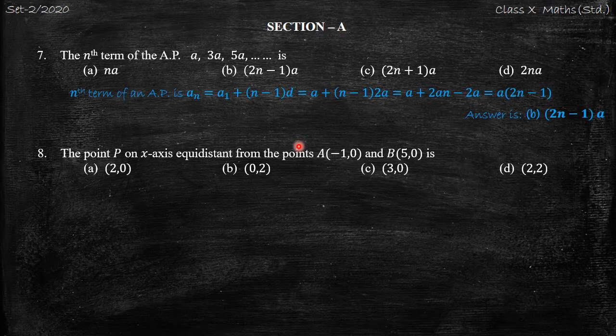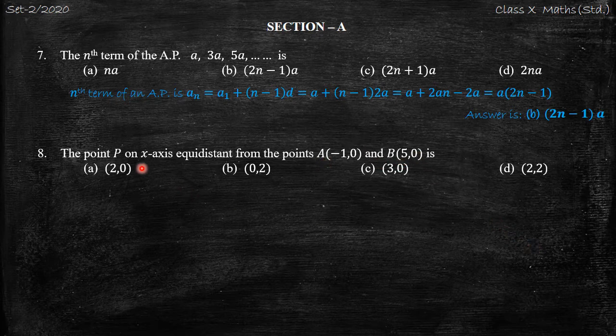Okay, the point P on the x-axis equidistant from the points A(-1, 0) and B(5, 0) is. From here you can make out that A and B lie on the x-axis, because the y value is 0. So both points A and B lie on the x-axis.